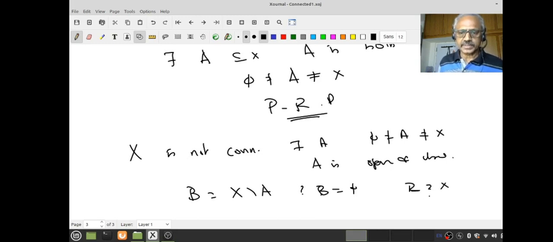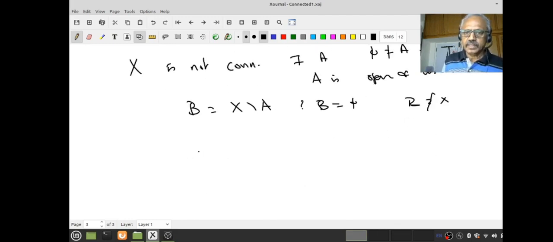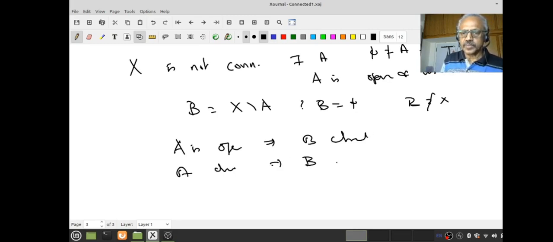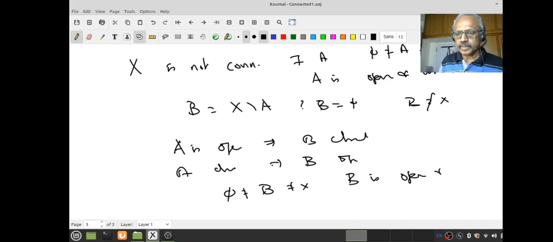B cannot be X. Why? Because if B is equal to X, that means A is empty, but we assumed A is not empty. You understand? So B is not empty, B is not X. And since A is open, this means B is closed, because B is the complement of A. And since A is closed, this means its complement B is open. That means B is not empty, not X, and B is open and closed.